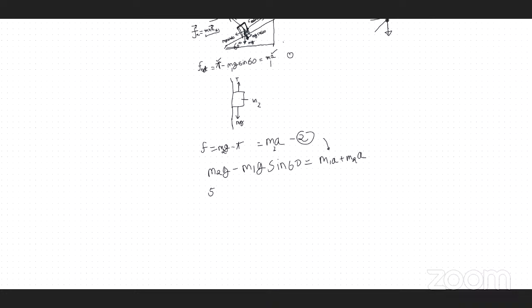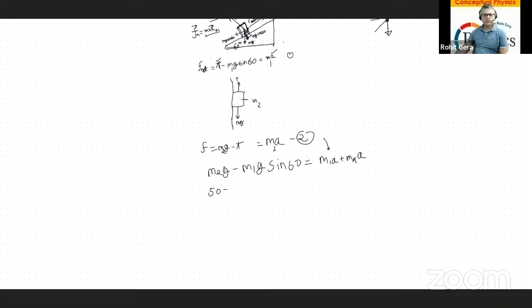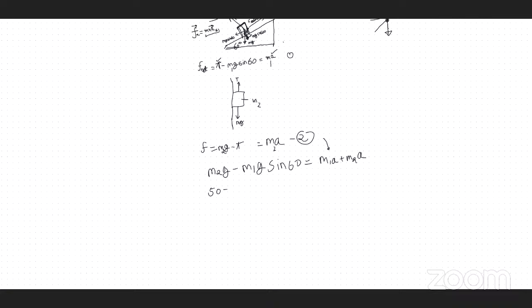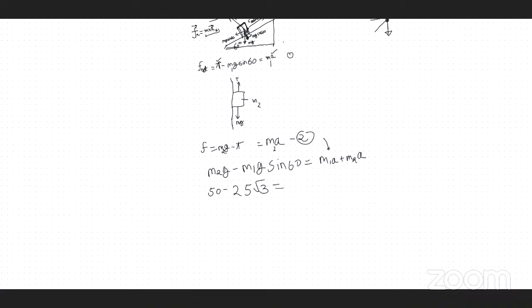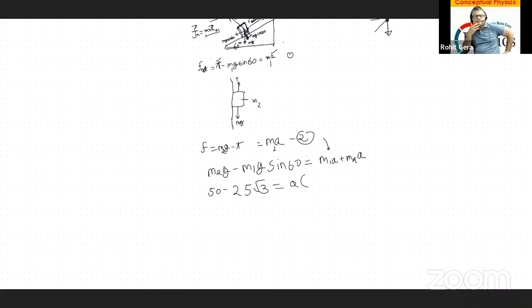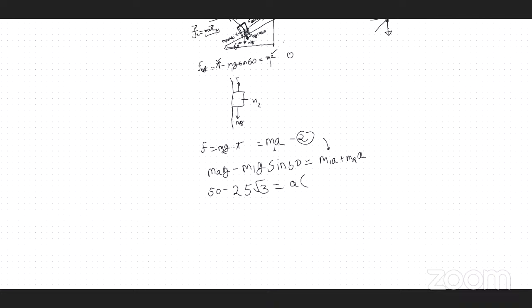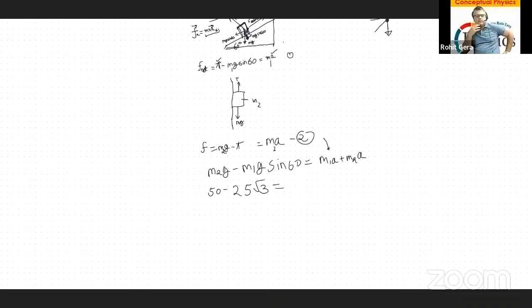T minus, g is 10. Right. That is correct. 25 root 3. Right. Into 15. 8, 15a. That is correct. Right.